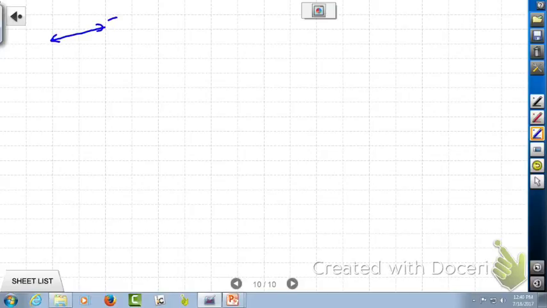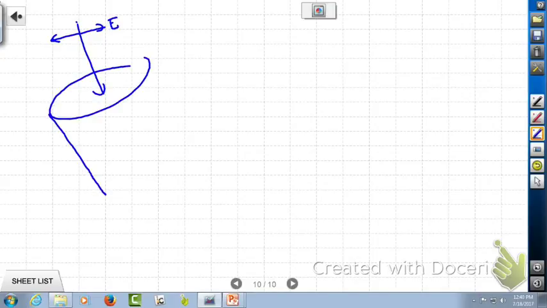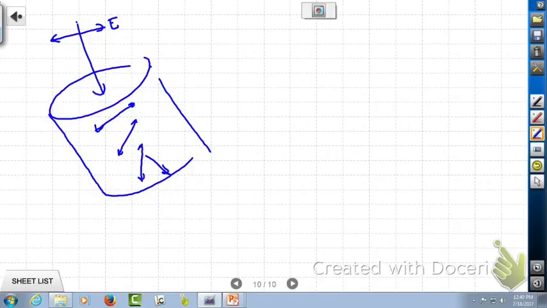I'm only going to draw the E vectors. And that's coming down towards, and what they'll do is they will start twisting it. And so the light that emerges has a different polarization than what you sent in.